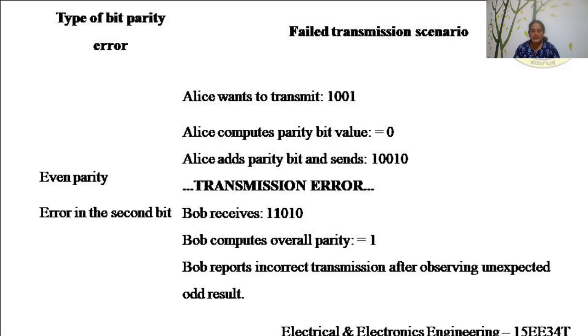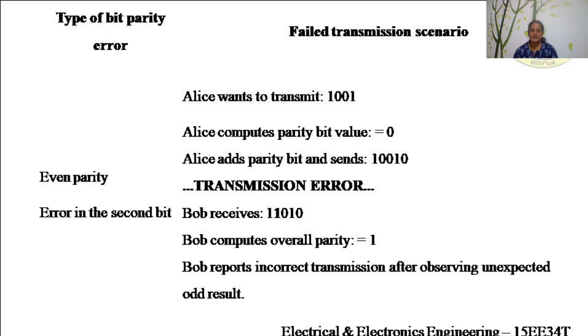We shall next look at the case of a transmission error. Alice wants to transmit 1001. The parity bit value will be 0 for even parity. She sends 10010. Let me consider the second bit 0 changes to 1 in the communication channel.